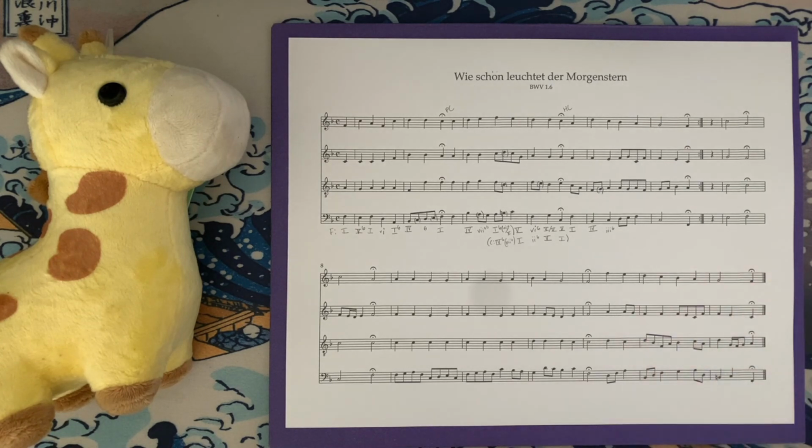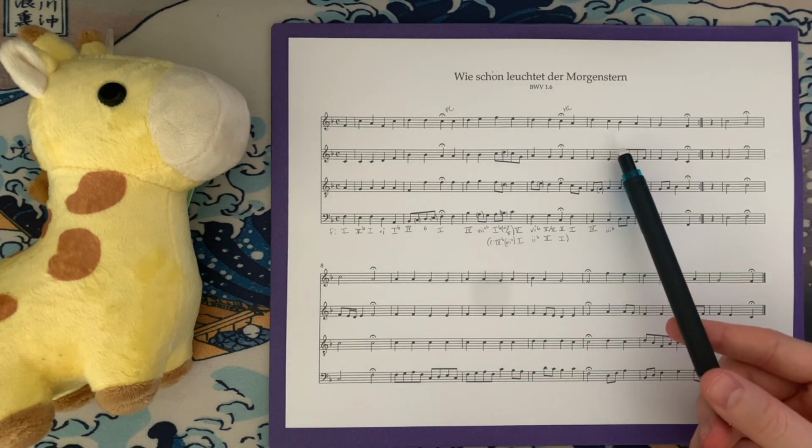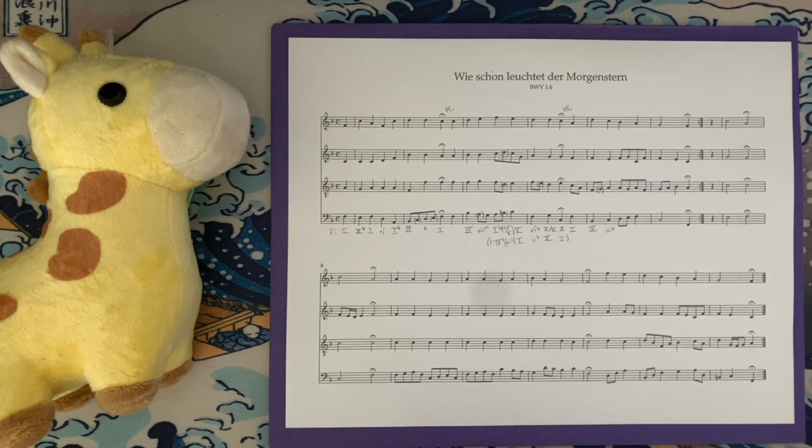So this 4 going to 3/6 as opposed to 4 going to 5, they both have the same bass. He even doubles the bass, but the inner voices recontextualize the chord with A and E rather than G and E, and that's where the deception comes from.